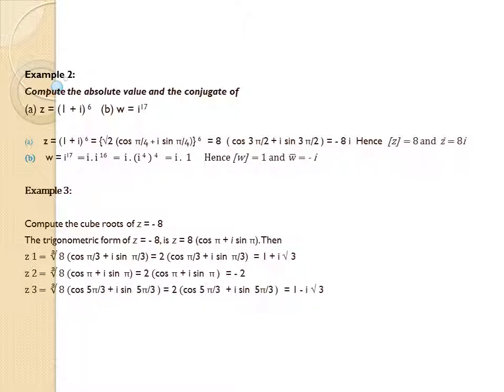Another root, that is z3, equal to cube root of 8 (cos 5 pi by 3 plus i sin 5 pi by 3) equal to 2 (cos 5 pi by 3 plus i sin 5 pi by 3), which means 1 minus i root 3. These are the 3 roots of z cubed.